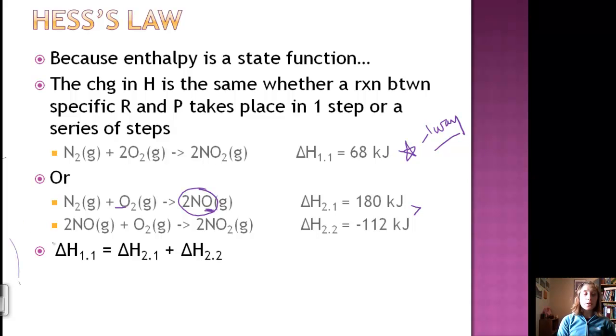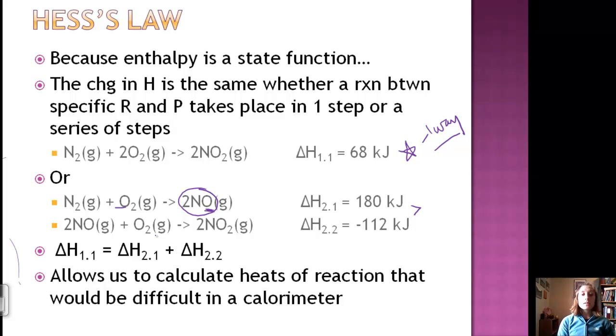So delta H from the first way should equal the addition of the 2 steps from the second method. And this allows us to calculate heats of reaction that might be difficult to do in a calorimeter because we can't look at all the steps. If we take the difference, 180 minus 112, because this is negative, we should get 68 kilojoules.